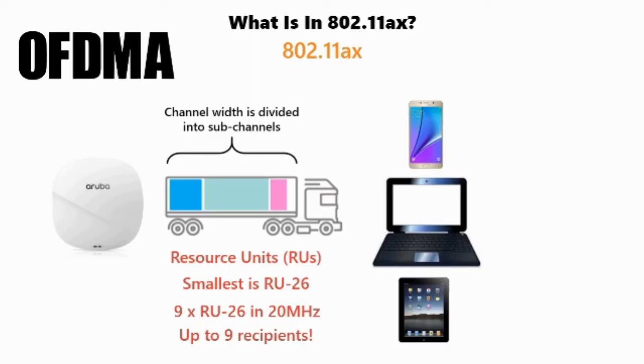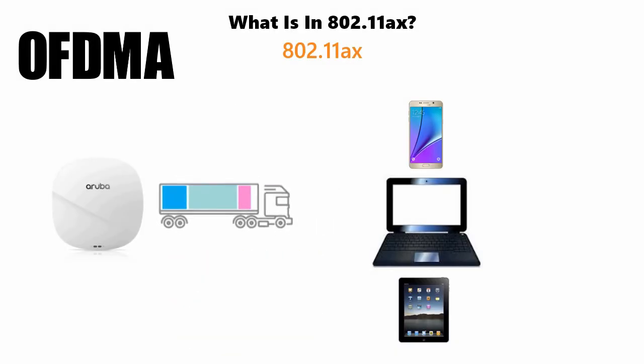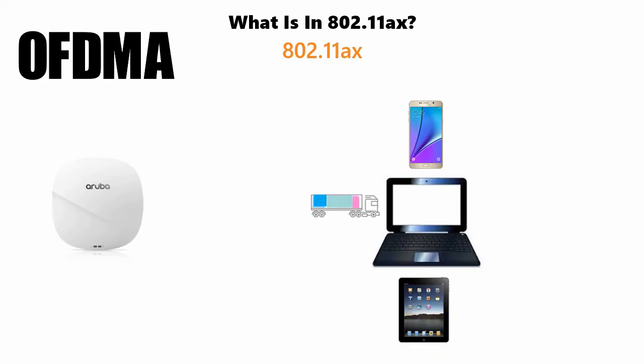And pack them into a single transmission. So this truck now makes 1 trip and can deliver all 3 packets simultaneously to 3 users, giving them their assigned RUs or assigned sub-channel. Okay, so this is the big difference with OFDMA.